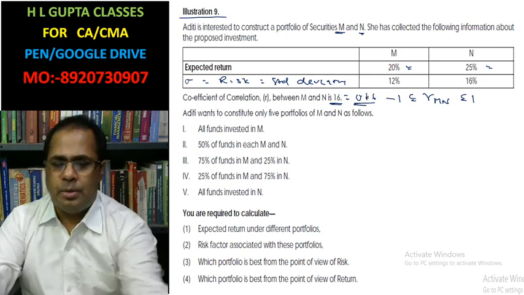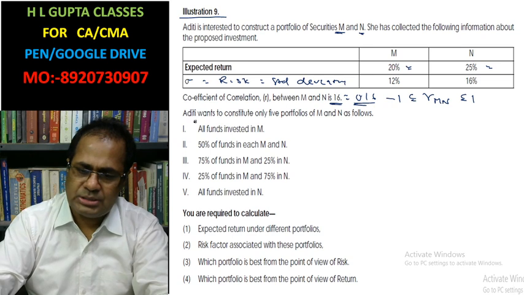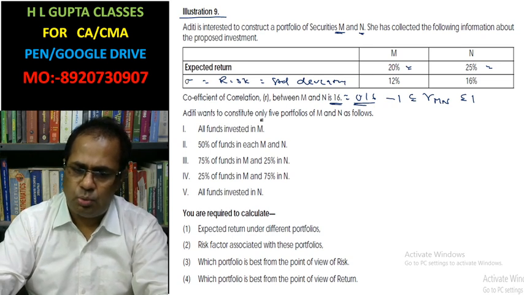Now, what are the requirements? Aditi wants to constitute only 5 portfolios of M and N as follows.